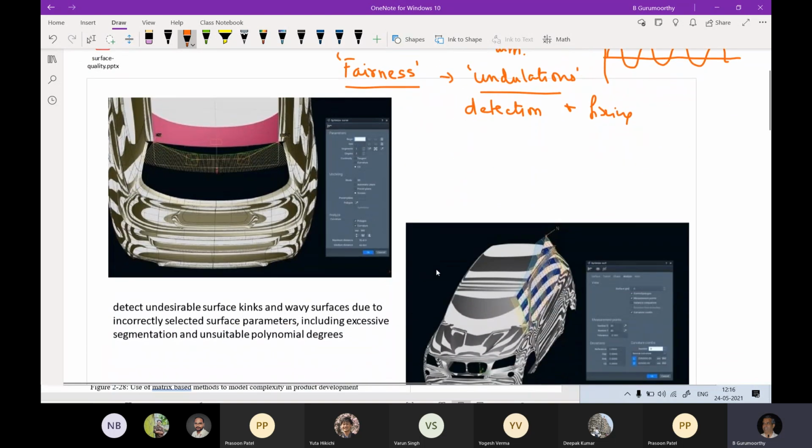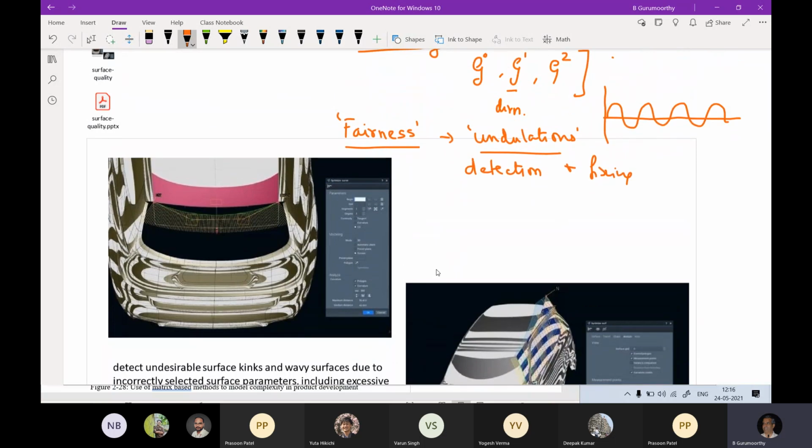Okay, I'm showing you one here, which is known as the zebra plot, and these come under the category of a technique called isophotes.